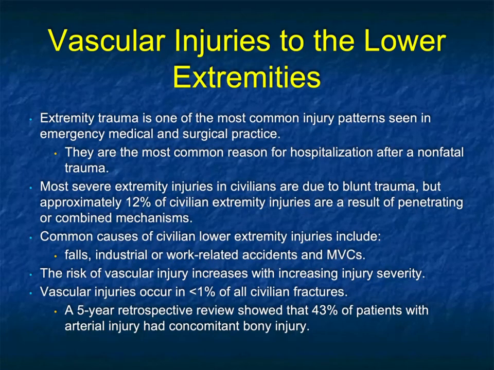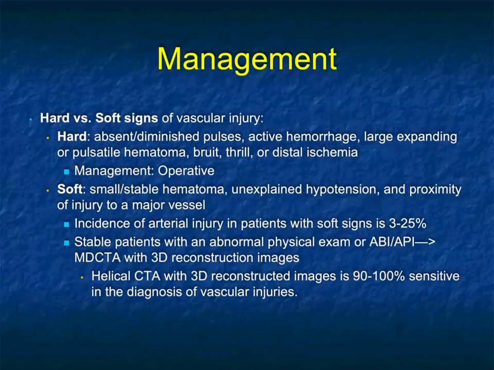So I think the point is, even with gunshot wounds, even with stab wounds, but especially gunshot wounds, you may see very impressive bony injury, a comminuted fracture of the femur with multiple fragments, or a tibia-fibula injury, and you say, boy, this patient must have vascular injury. But with good CT angiography, you can see no evidence of injury. You see the vessels are intact. So again, there's no one-to-one correlation between the two.